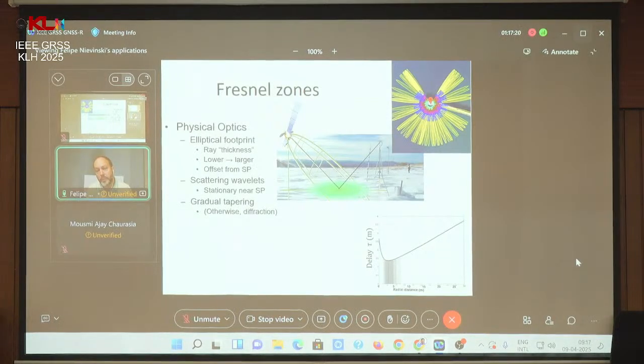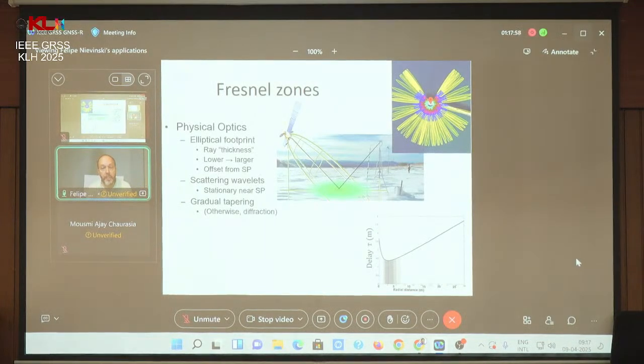And one way to understand the geometry, and especially the internal geometry of this region, is to consider the reflection delay over the surface. Let's imagine for a moment that you get reflections from across the surface around the antenna.